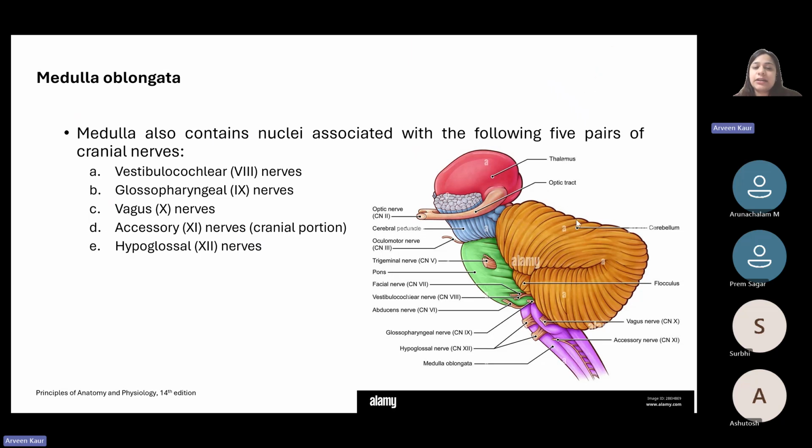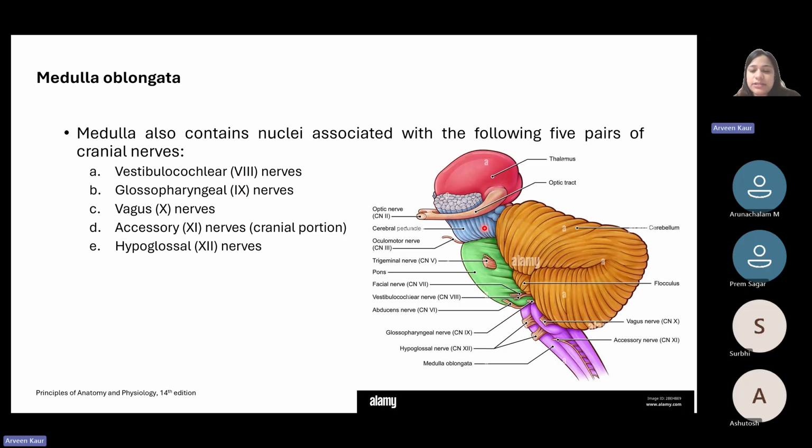For this also, the component is present in the medulla itself. It contains nuclei associated with the following five pairs of cranial nerves. There are 12 cranial nerves, as you might already know. Out of those 12, the nuclei for five of those nerves are also present in the medulla itself, which are vestibulocochlear nerves, glossopharyngeal nerves, vagus nerve, which is one of the main ones, accessory nerve and hypoglossal nerves.